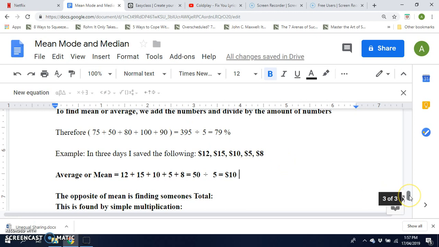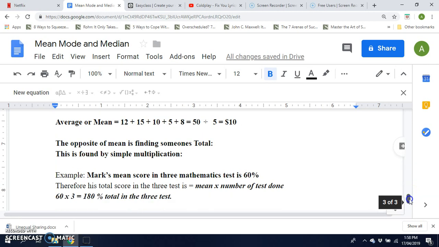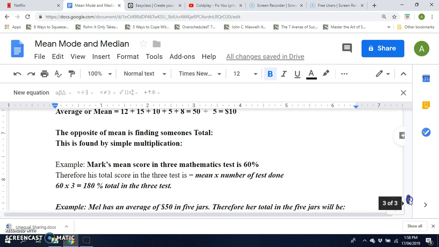Total does not mean add and mean. Total means multiply to find out my total. So Mark looked at his scores and he has a mean score of 60%. His total will be to take his mean, 60, and multiply it by the number of tests he did. He did 3 tests. 60 by 3, 180.